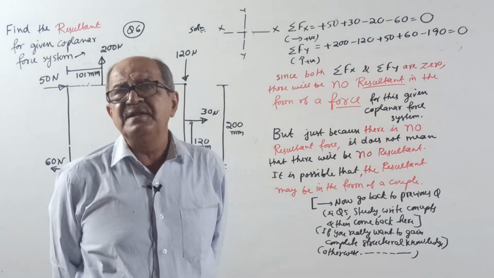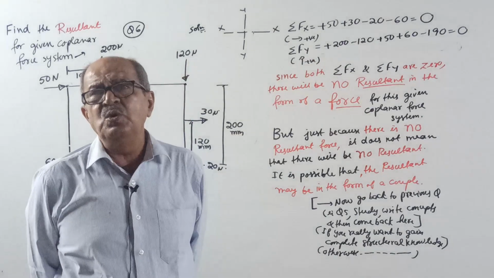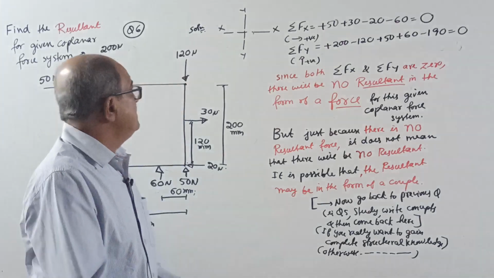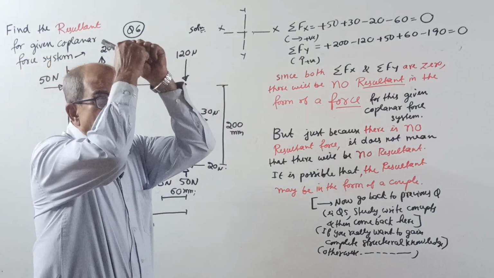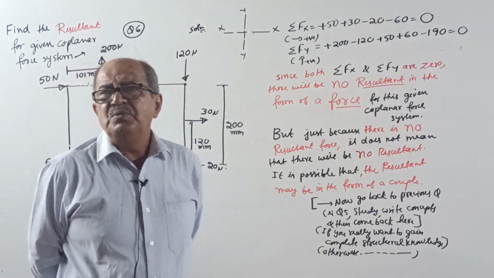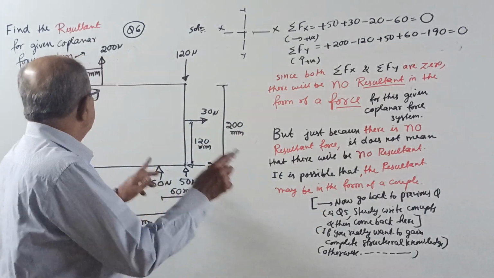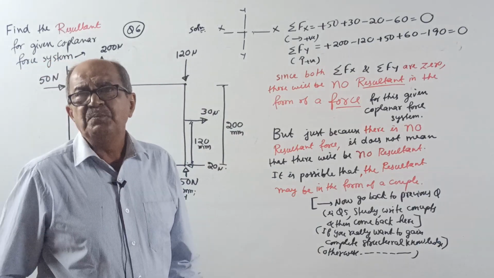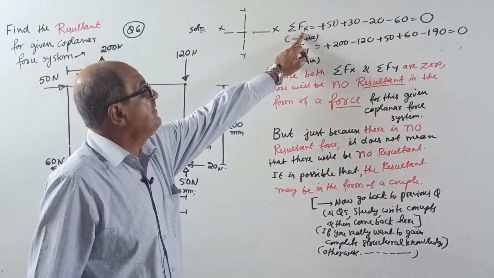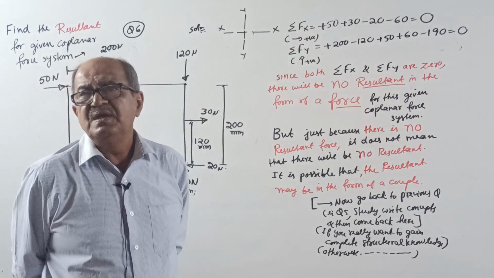If the resultant exists as a couple, the moment of that resultant couple is equal to the algebraic sum of moments of the given force system about any point. This moment is constant, provided sigma Fx is 0 and sigma Fy is 0.